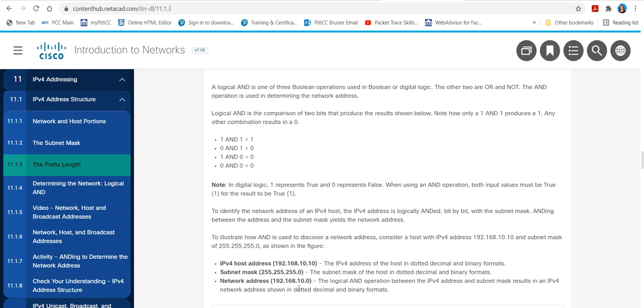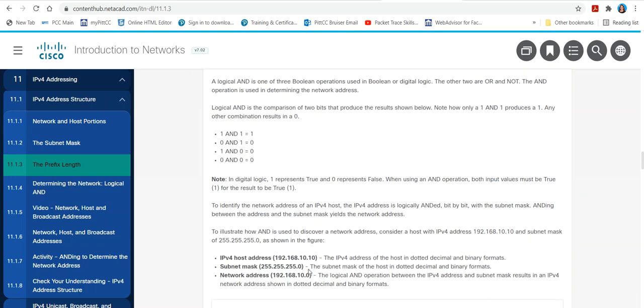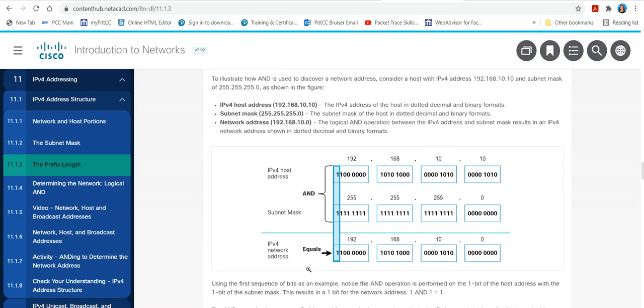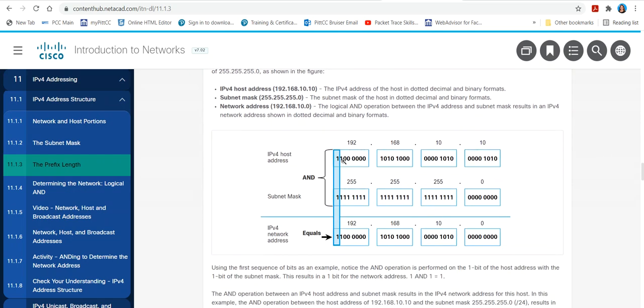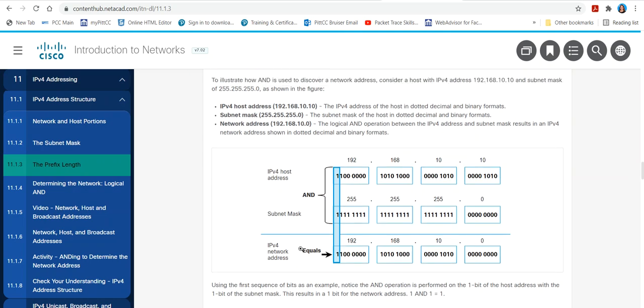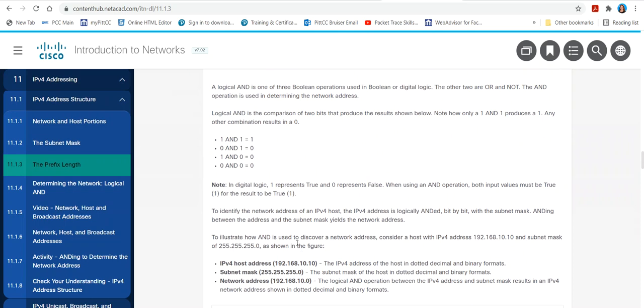For example, if you have a host address that's 192.168.10.10, and it's given the subnet mask of a default Class C subnet mask, in order to find out what network it belongs to, you can AND those two numbers together. So what's done is that the Class C address, or the IPv4 address of the host, will be written in binary. Then you will do the same thing with the subnet mask and draw a line, and you'll AND the two numbers together.